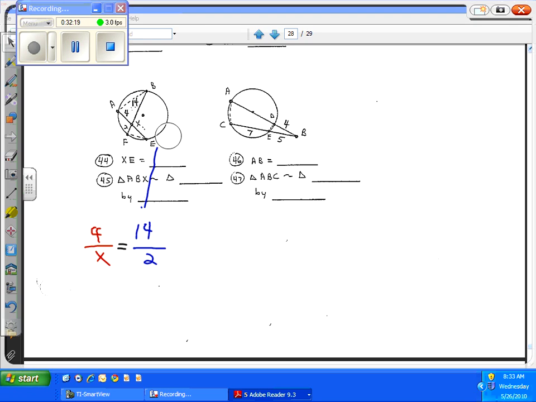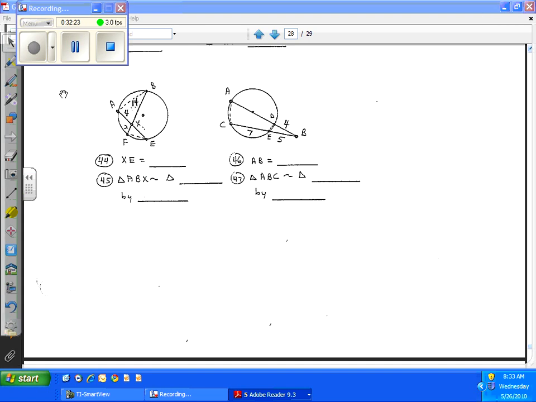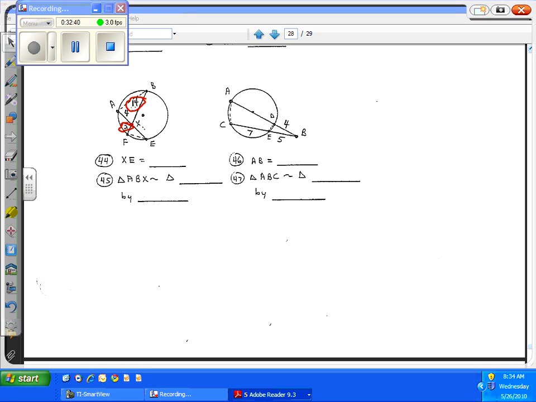Okay. If two chords intersect inside of a circle, I'm starting over here. I'm seeing crooked. I'm not sure what I'm doing. Let's start again and I'll do this correctly. If two chords intersect inside of a circle, then the product of the segments of one chord, 2 and 14, is equal to the product of the segments of the other chord, 4 and x.